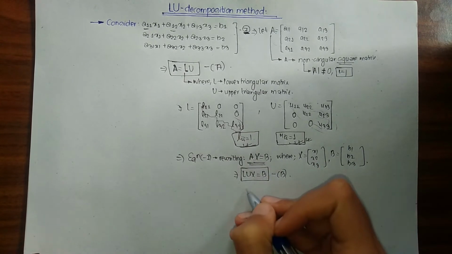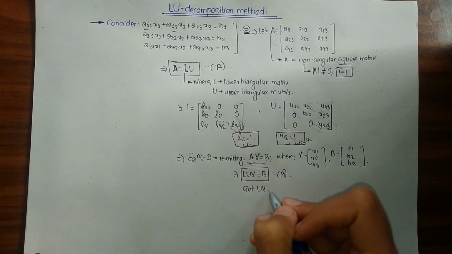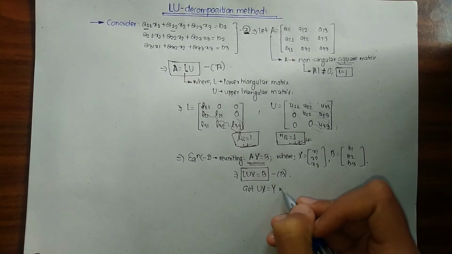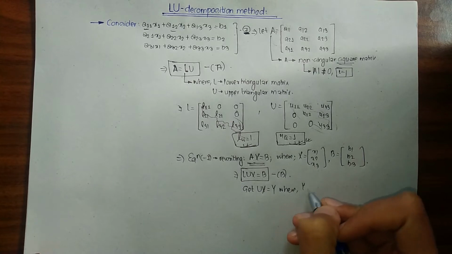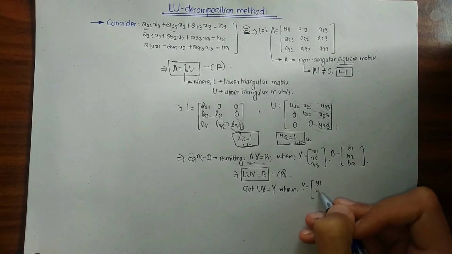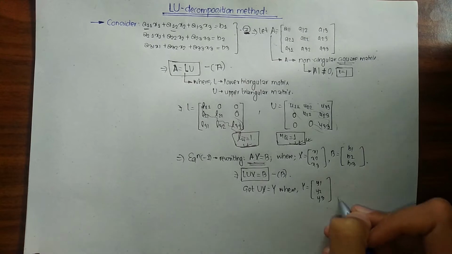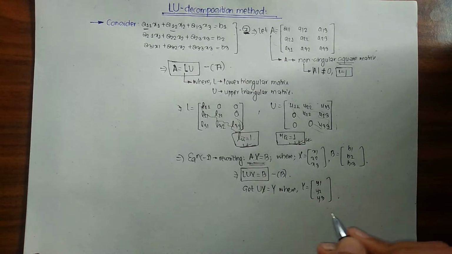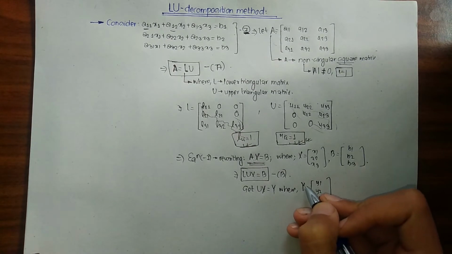So what we're going to do next is set Ux equals y, where y equals y1, y2, y3, and from here we are going to find the value of y.